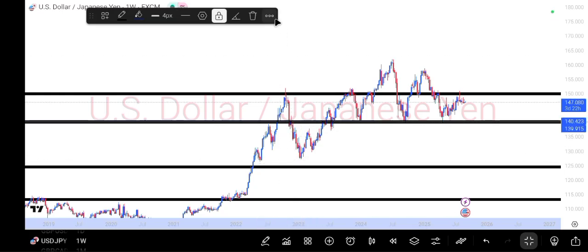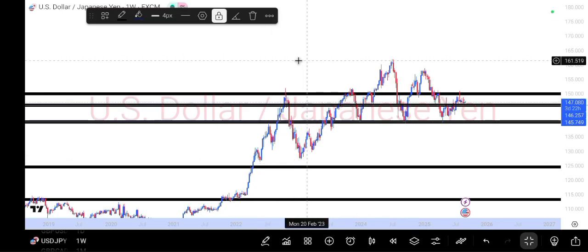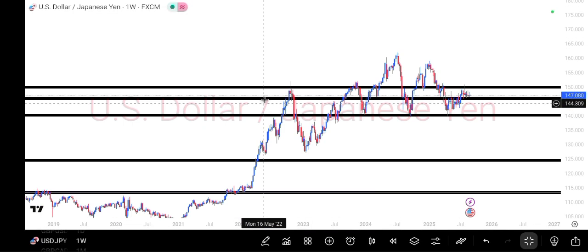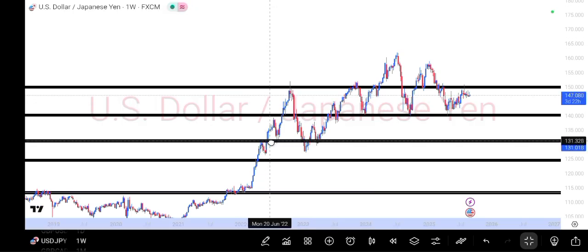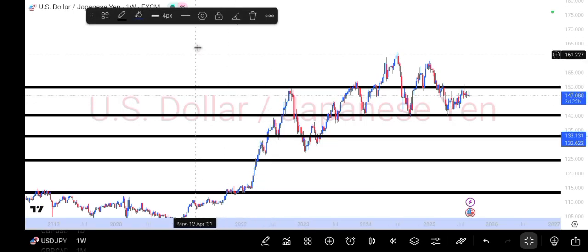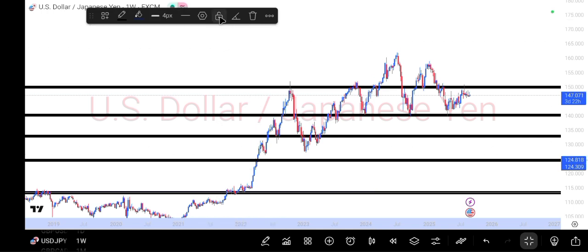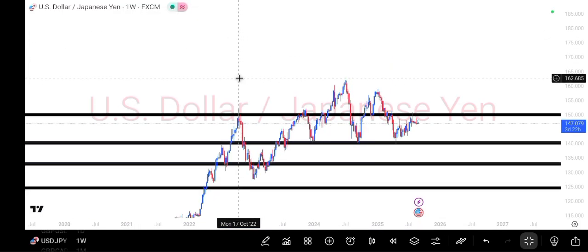I can also clone again and take it to the next one, to cover as much ground as possible, somewhere here, and you lock it also. Now let me lock all the key levels so that I don't mistakenly shift any. Okay, so this is it.